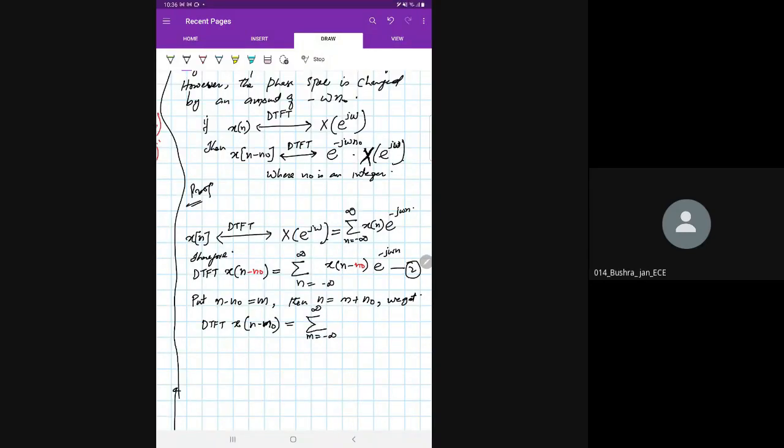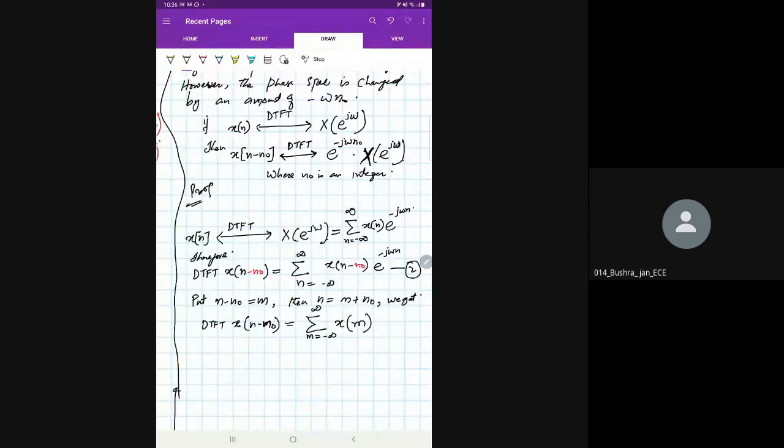Now see, we had x of n minus n naught, okay, in equation 2 for example, here we had x of n minus n naught, so it will be x of m because n minus n naught is equal to m.